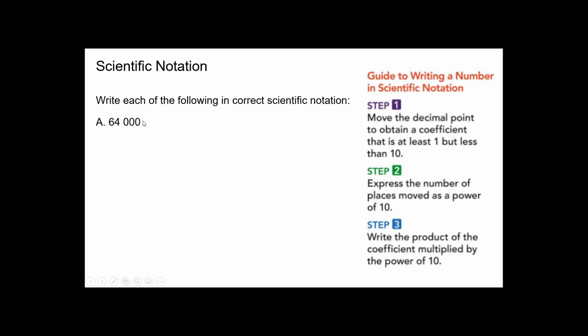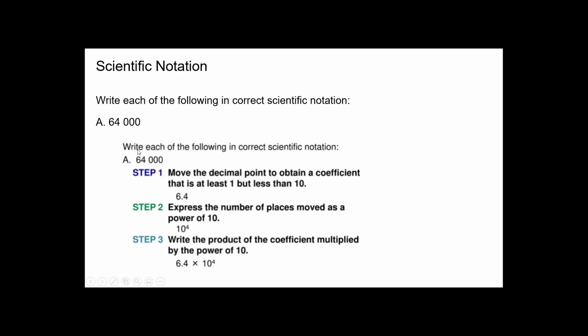So this is a positive number. It's not less than 1. So my exponent immediately is going to be a positive number. So let's look at what it is. Move the decimal point to obtain a coefficient that is at least 1, but less than 10. So let's move that. 1, 2, 3, 4. I moved my decimal point 4 places.